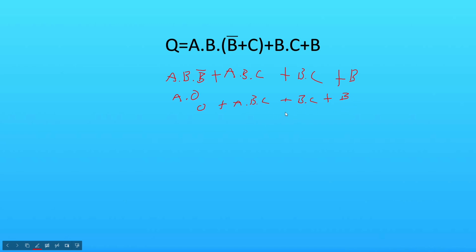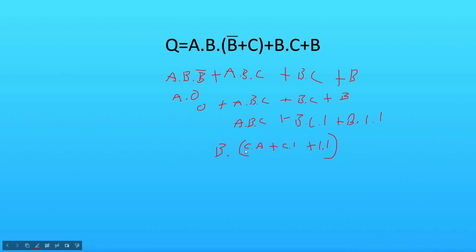So first of all, what happens if we just factorize out the B? So of course, to make them all three times, we're going to have A AND B AND C, then OR B AND C AND 1, and over here we're just going to have OR B AND 1 AND 1. So now let's factorize out the B. So we have B, and so C AND A, and then this one we have C AND 1, and then this one we have 1 AND 1.